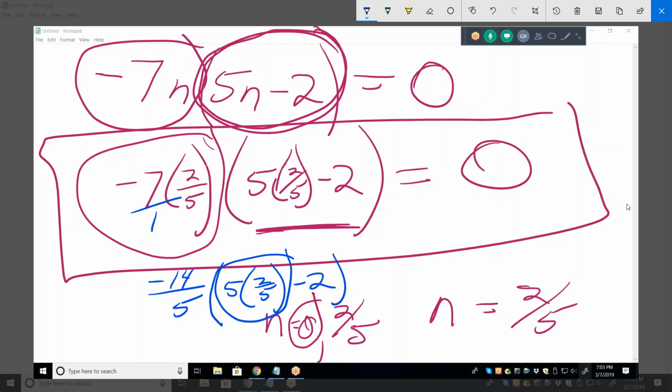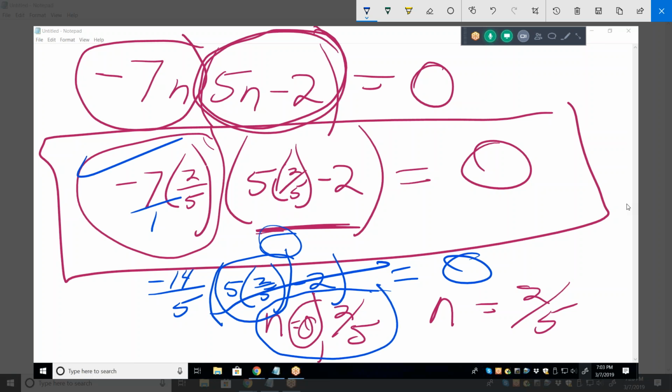Good. What's 2 minus 2? 0. What's minus 14/5 times 0? That's 0. Okay. Indeed, that is an equation. So both of those solutions are correct.